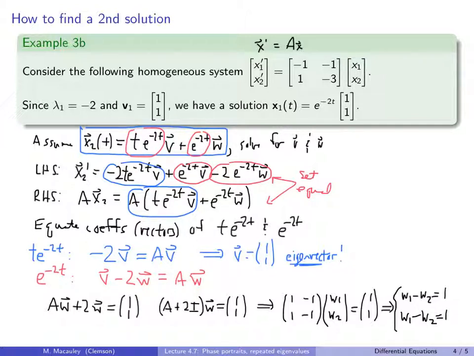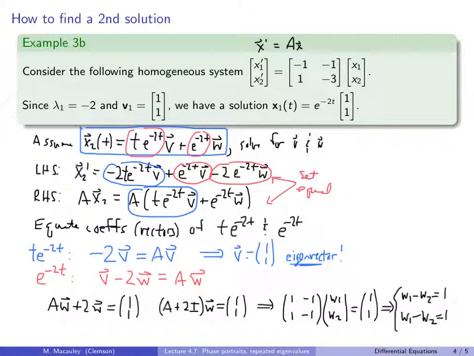Okay, so what does that say? So we found w. Any w works as long as the difference w1 minus w2 is 1. So this could be (1, 0), this could be (2, 1), it could be (3, 2), and so forth.